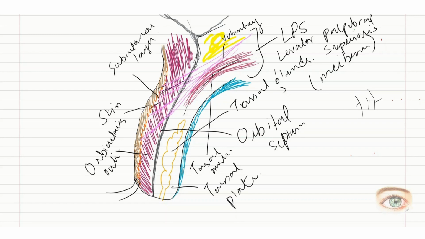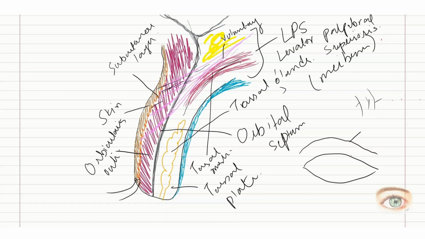And you may have remembered that I have told you that we have this superior palpebral sulcus, which is due to the aponeurotic fibers of the LPS, and this sulcus is formed due to this. So this is the reason the fibers will get into the interior surface and into the skin, and they will make the superior palpebral sulcus.